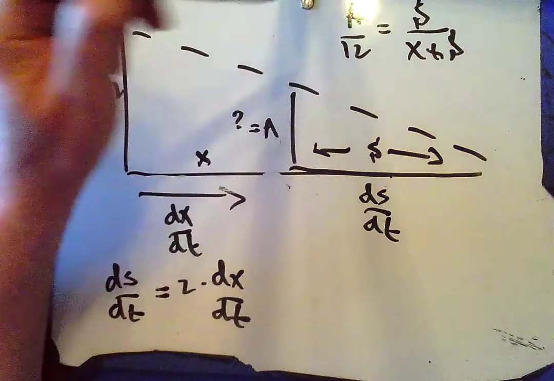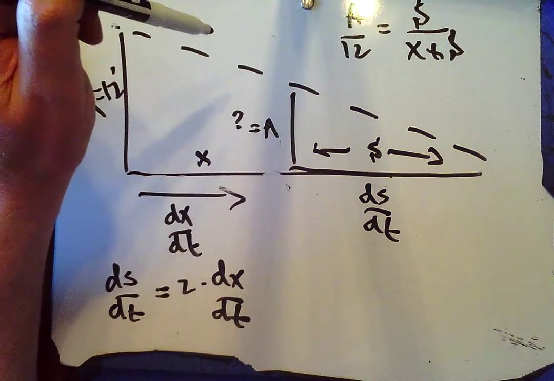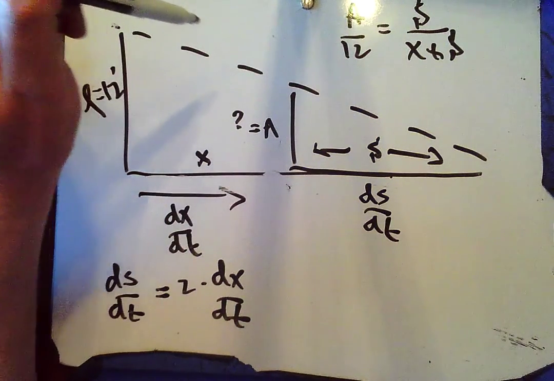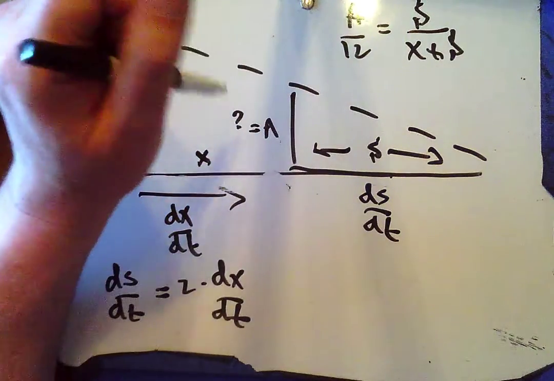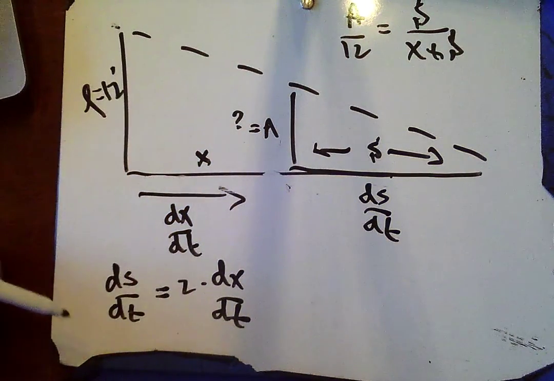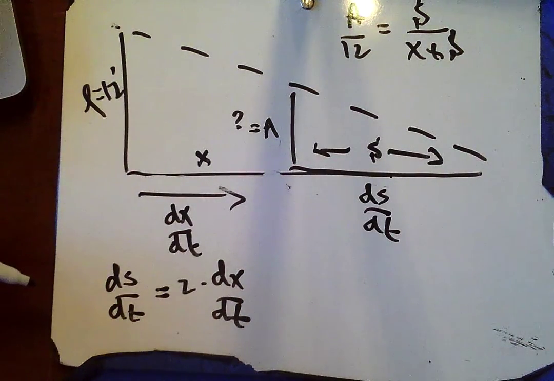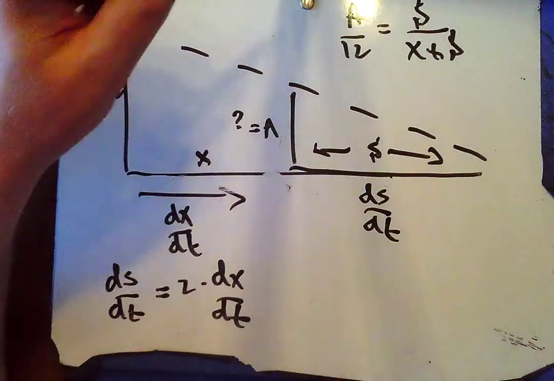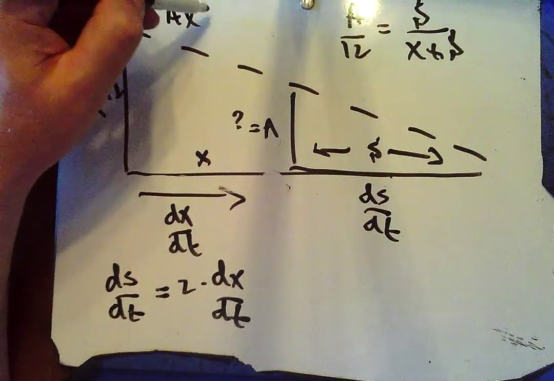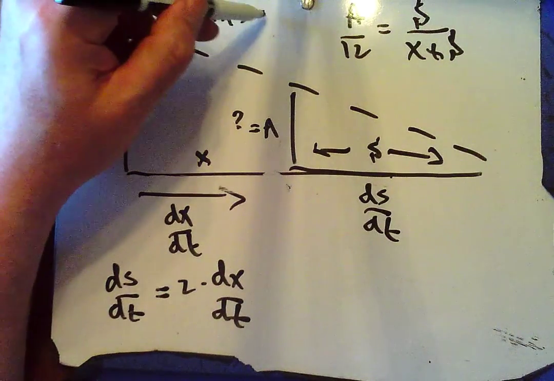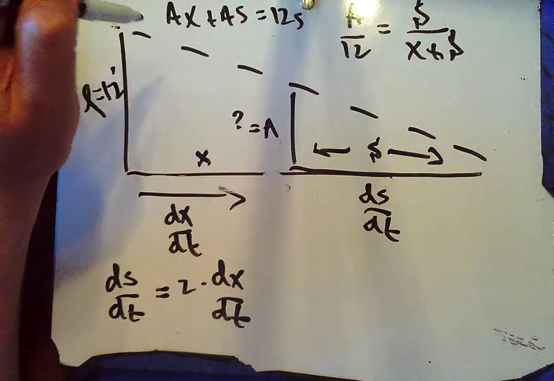Do I know this? I don't feel like I know that. I feel like I got too many unknowns here. I really want a helping equation. And I guess that's all I get for a helping equation is that. Well, if I cross multiply, I have ax plus as equals 12s.